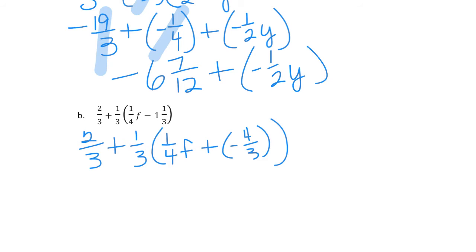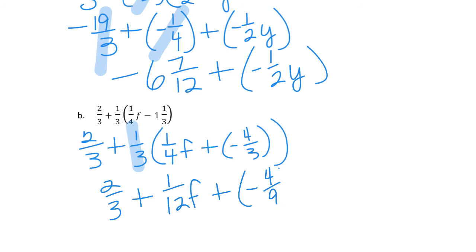So now I'm going to multiply through with 1/3. So 2/3 plus 1/3 times 1/4 f is 1/12 f plus 1/3 times negative 4/3, that becomes negative 4/9.